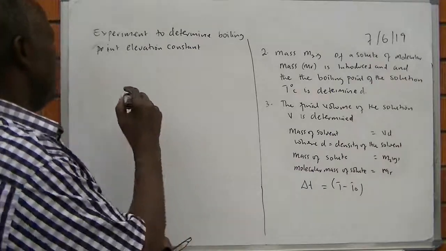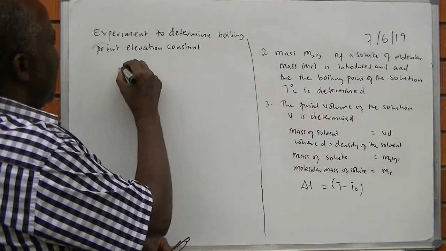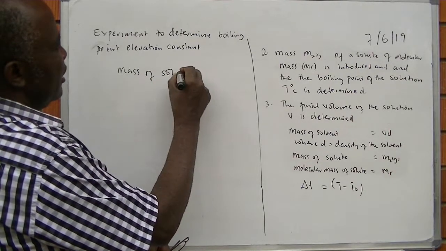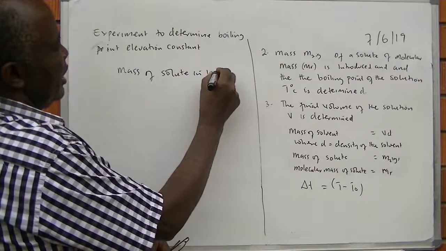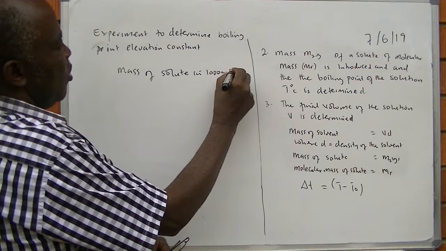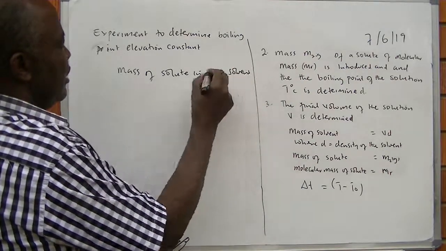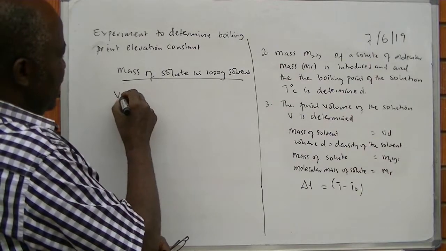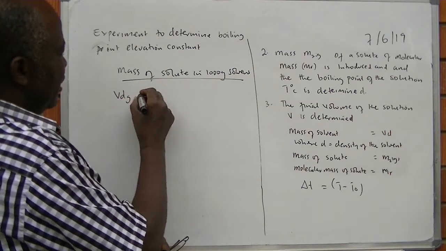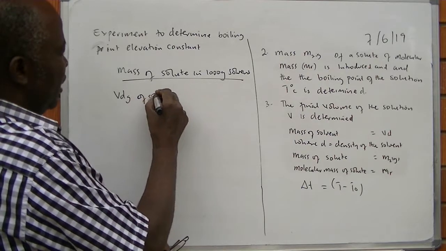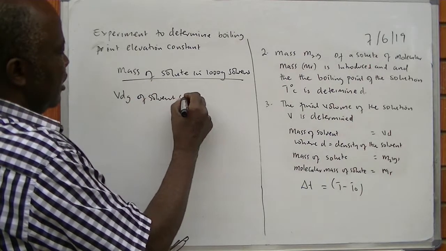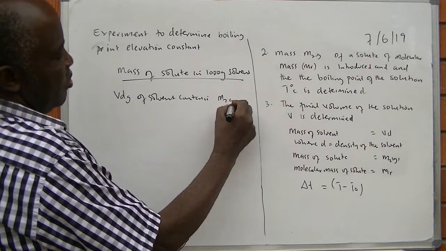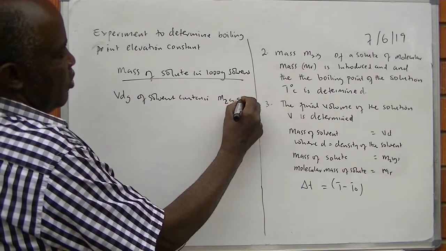Then mass of solute in 1,000 grams of solvent, we say that Vd grams of solvent contain M2 grams of solute.